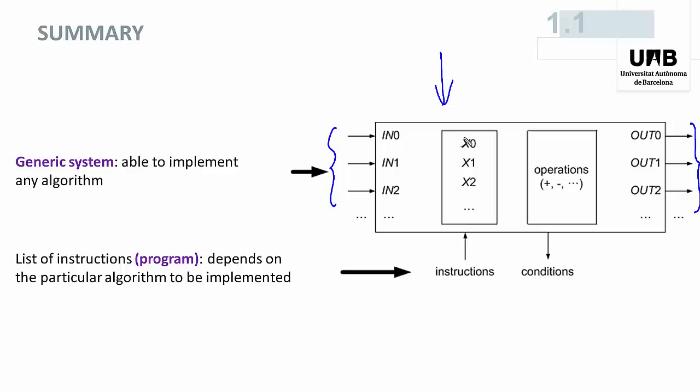It stores internal data, x1, x2, x3, and so on, and it includes internal processing resources. This is our generic system. Then a list of instructions, which will be called a program, must be generated. It is the way a specific system is implemented by using this generic processor.